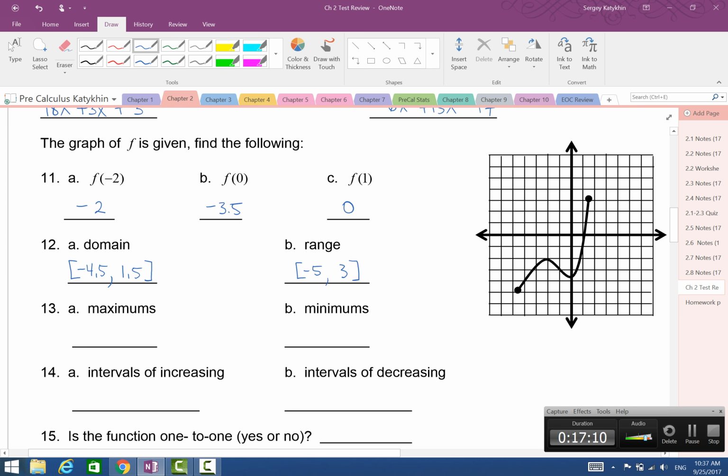Now we have to find the maximum. Notice there is one maximum. It's here, and it looks like it's at -2, -2. So I'm going to put my maximum at -2, -2.